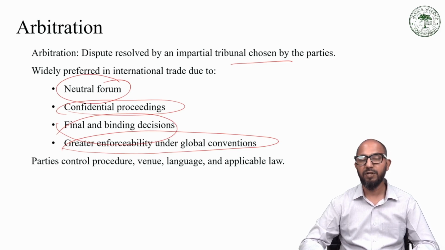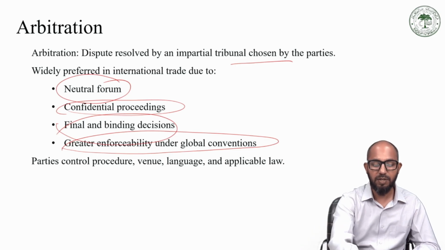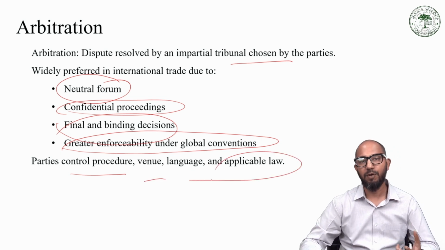Thus, arbitration becomes very important because it adds value and its applicability is appreciated through international conventions. Under arbitration, parties control the procedure, venue, language, and applicable law, giving mutual benefit to both the parties.